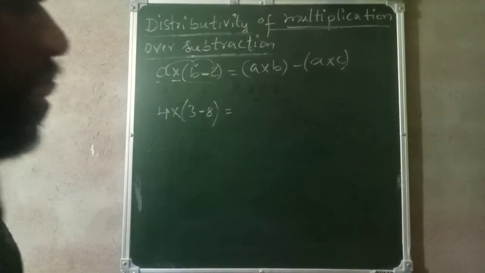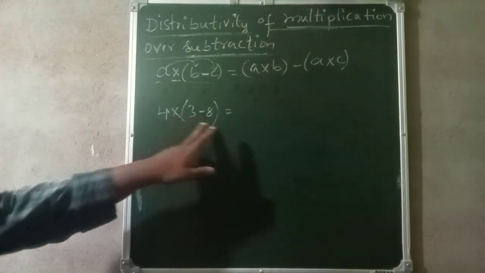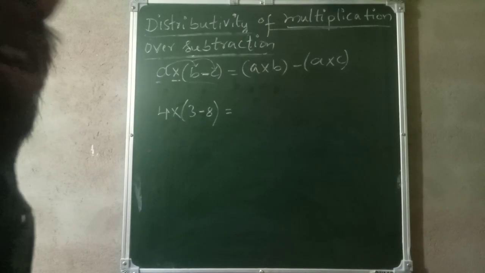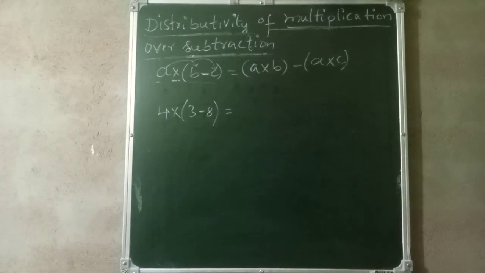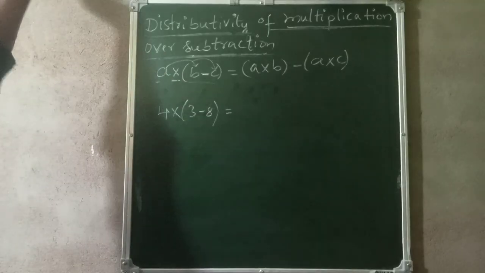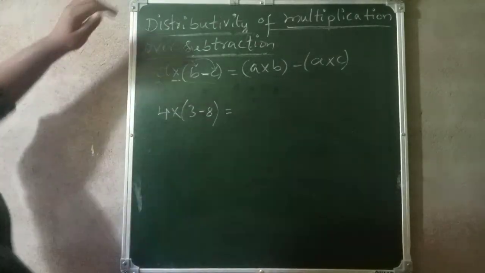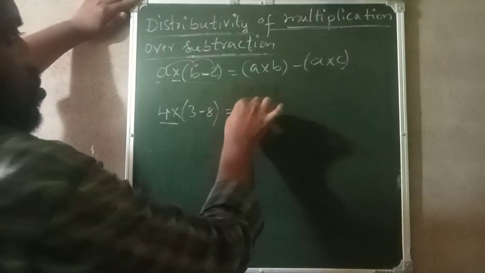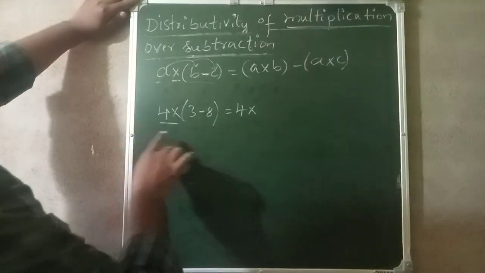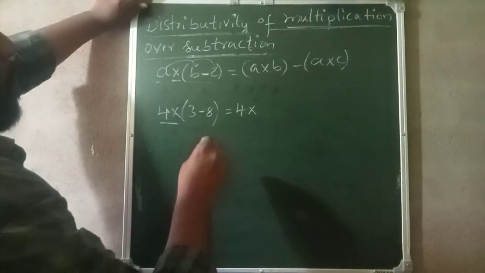Okay. First, we will simplify this using normal multiplication. Okay. So, how to simplify? First, write this 4 into asterisk. So, we are going to do normal multiplication.